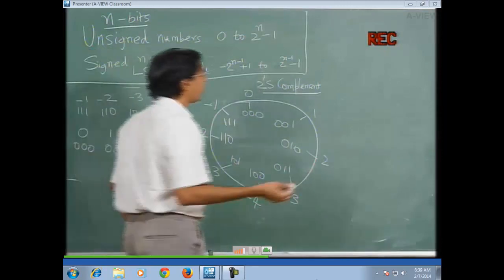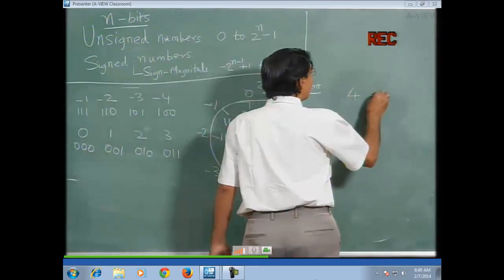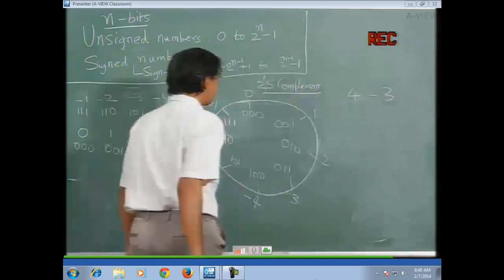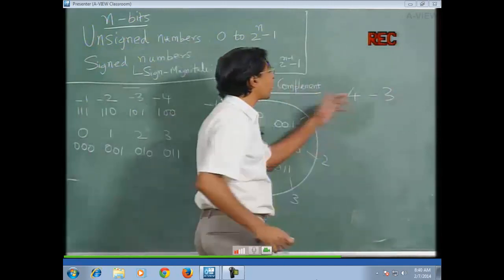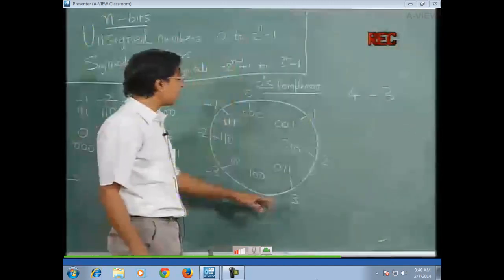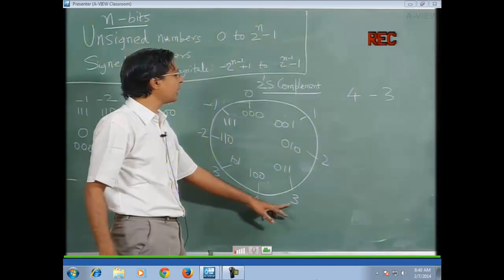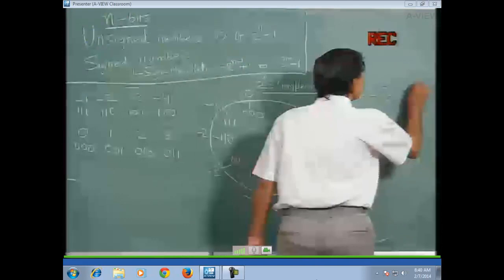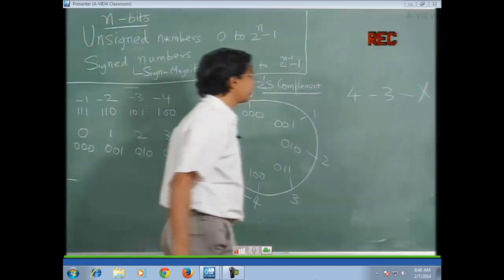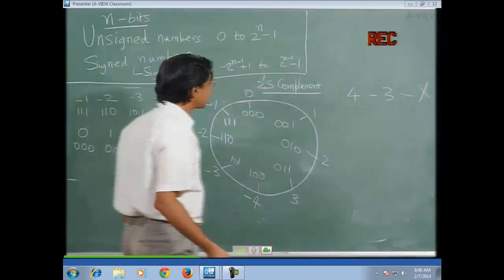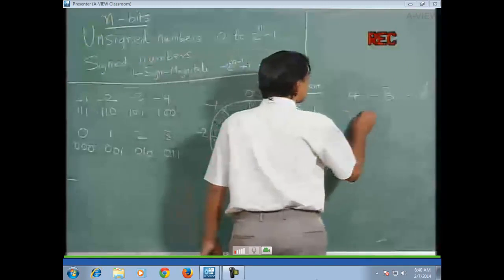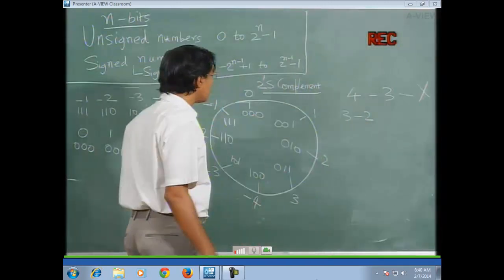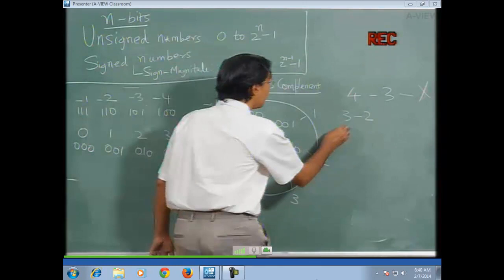Let us say 4 minus 3, sorry, this is not possible in 3-bit arithmetic because the maximum I can represent is only 3. So let me say 3 minus 2. So what is 3? 0, 1, 1.